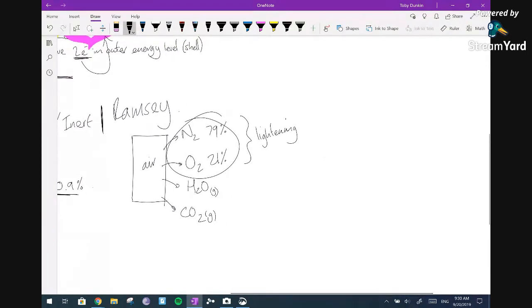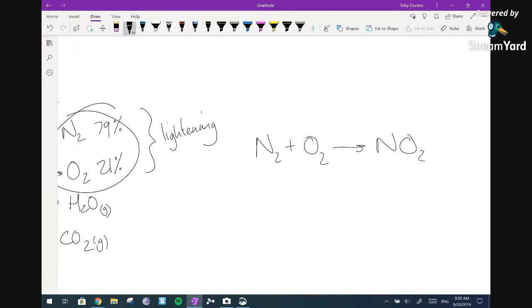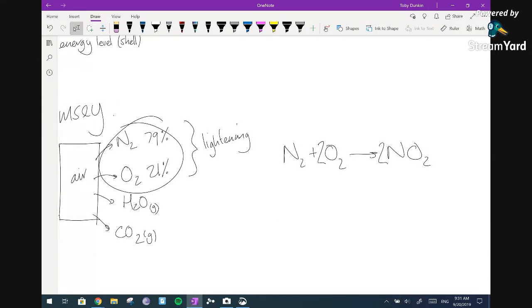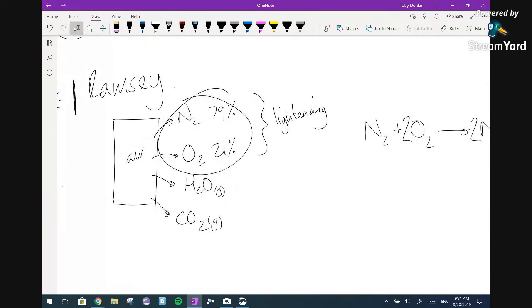We can even do the equation for this. N2 plus O2 goes to NO. In fact, I'll do NO2 because that's GCSE really. And we can balance that. 2 nitrogens, 1 nitrogen, I need to double it. 2 nitrogens, 2 nitrogens, 2 oxygens, 4 oxygens, and I'm done. So we can remove these two gases very easily.